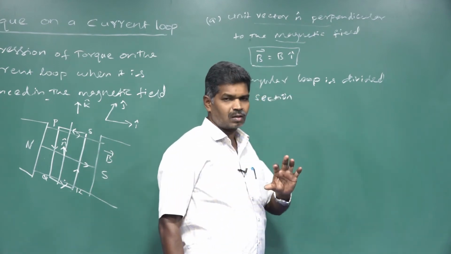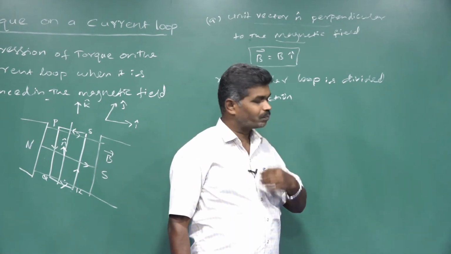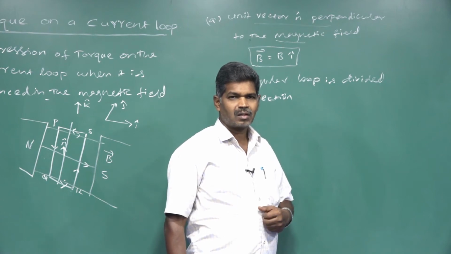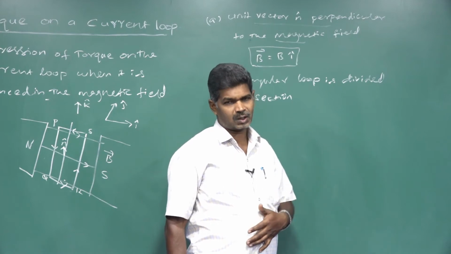The sections are two length sides and two breadth sides. One length side is named PQ, another length side is RS, and the breadth sides are QR and SP.